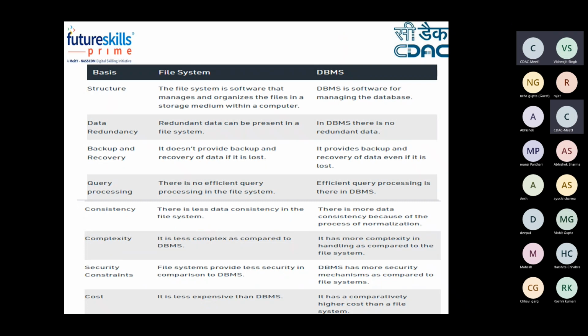Is there a basic difference between the file system and the DBMS? A file system basically has a structure used to store the data files on the hard disk, while a DBMS is software that is used to manage the database. Regarding data redundancy, in a file system data repetition is allowed.